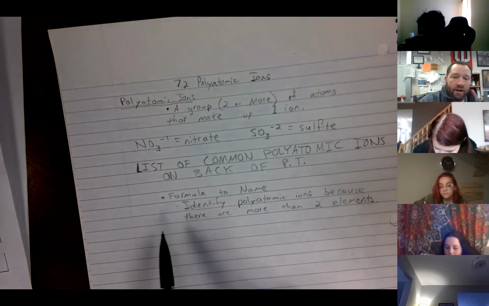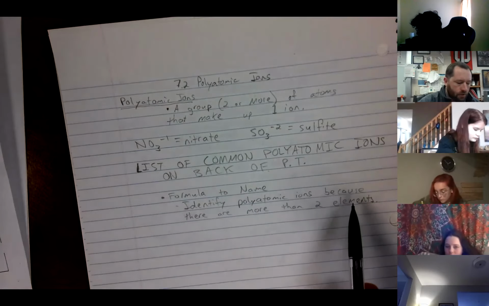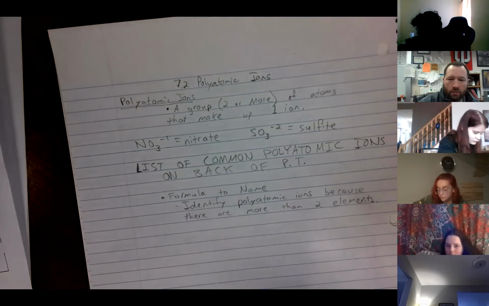You're going to identify that you have a polyatomic ion because there are more than 2 elements.